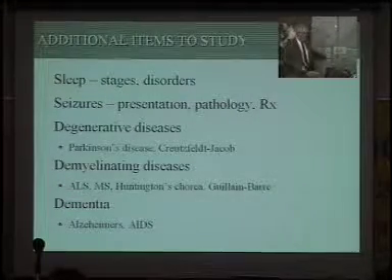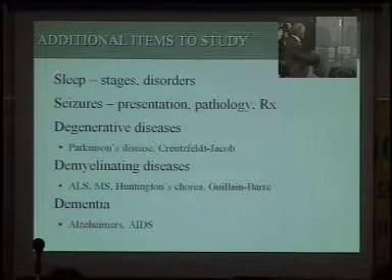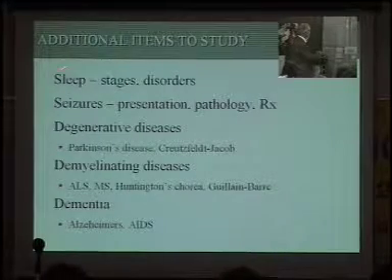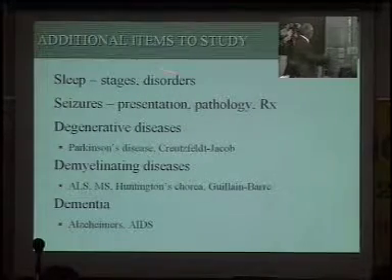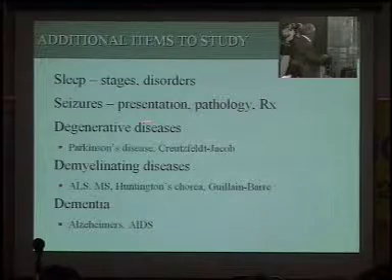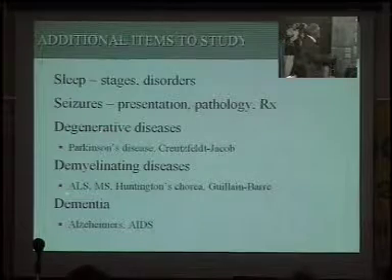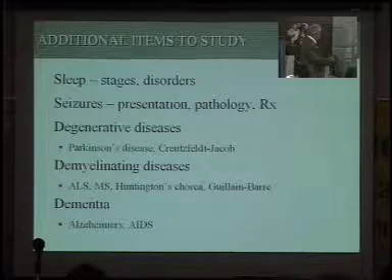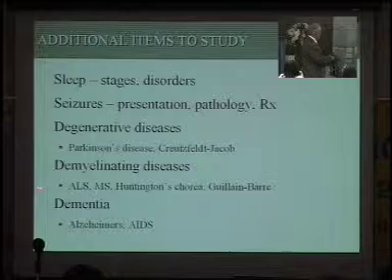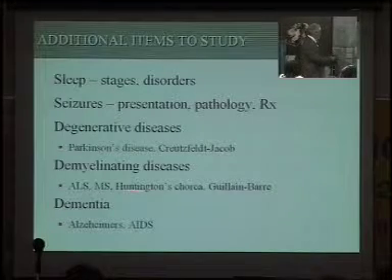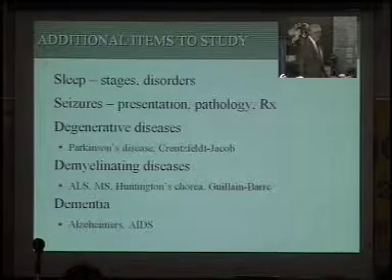Okay, a whole bunch of stuff here I'm not going to talk about. Sleep, a lot of sleep disorders, seizures. There are a lot of neurological degenerative diseases. We talked about some of these demyelination diseases that are important, that some of you have seen, and of course all the dementias.